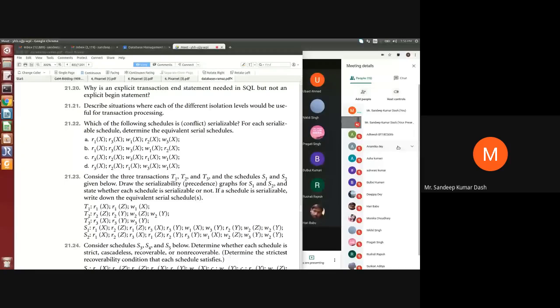The question is quite straightforward because they are all operating on the same data item, so not much confusion will arise. You just have to draw the schedule in the tabular format, then you can see whether loops are existing or not. So I will start with the first.